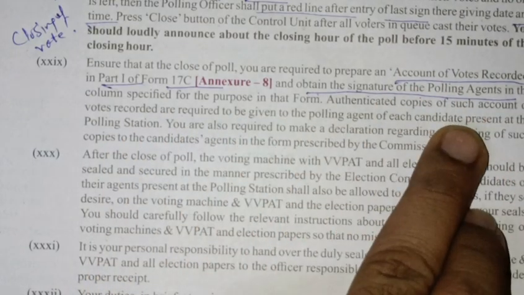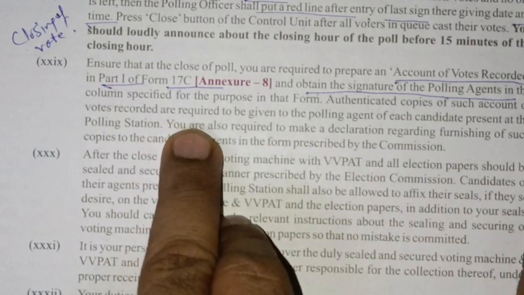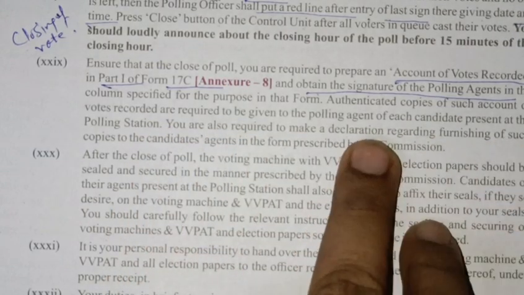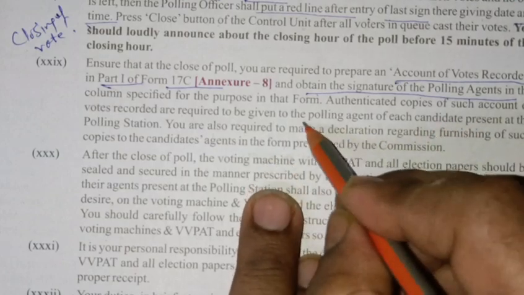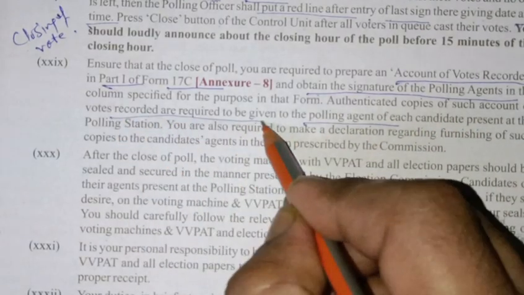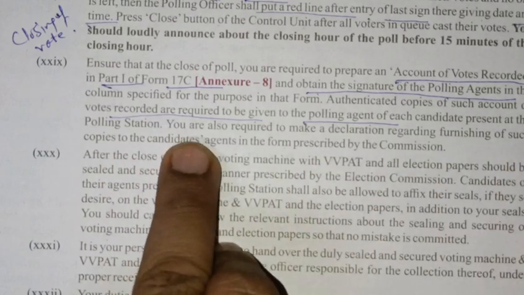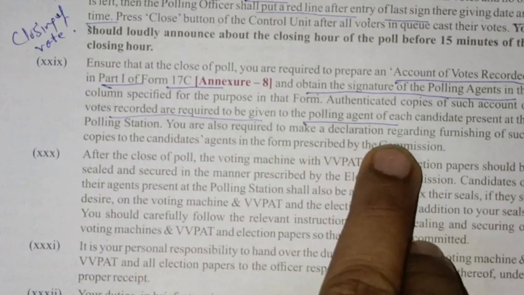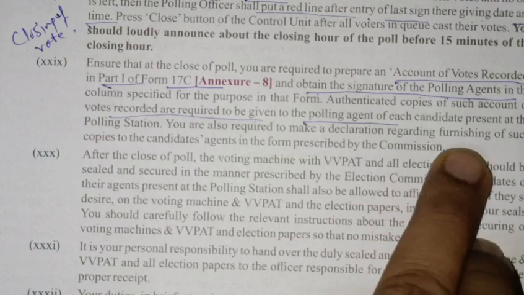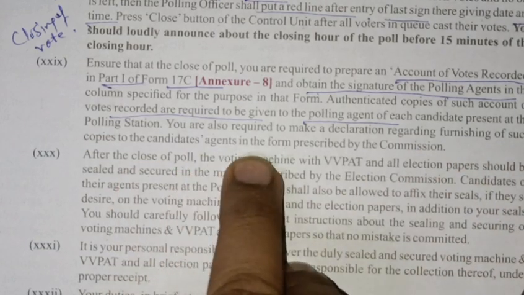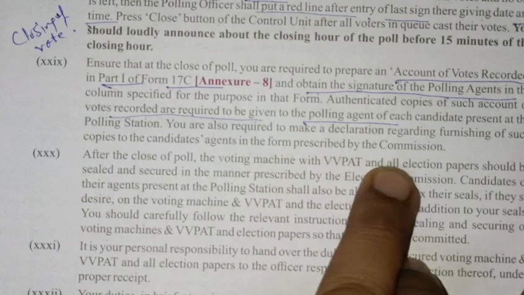Authenticated copies of such account of votes recorded are required to be given to the polling agents of each candidate present at the polling station. You are also required to make a declaration regarding furnishing of such copies to candidates' agents in the form prescribed by the Commission.